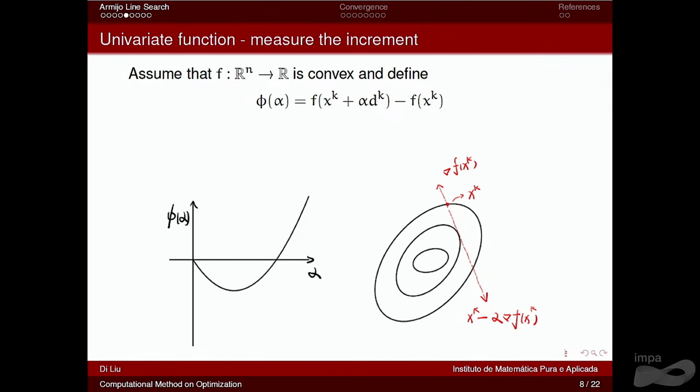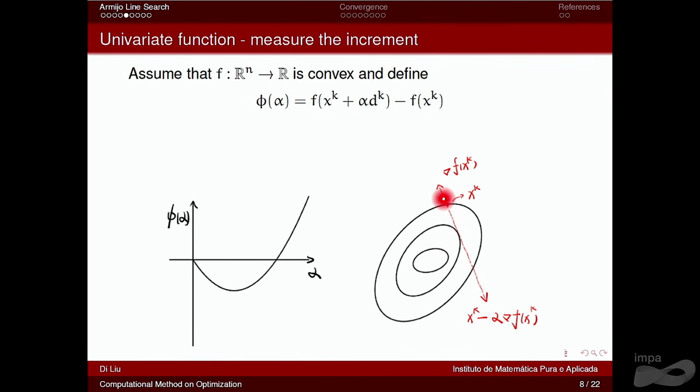So for example, our current point is here, and this direction upwards is the gradient, and the inverse direction is the negative gradient. If we want to decrease the function value, we should go along the negative gradient direction.